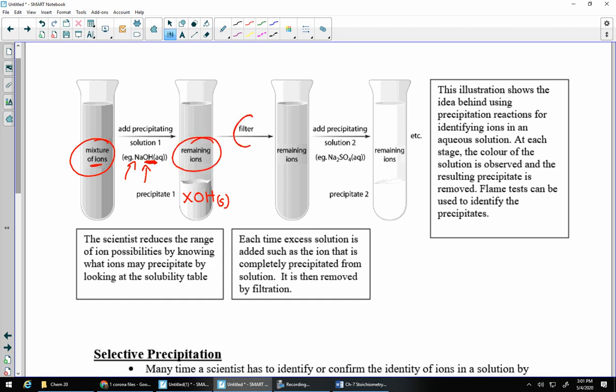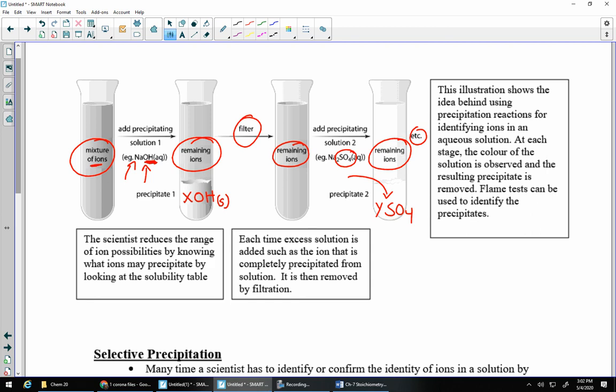So we can filter our hydroxide precipitates out. So now it's just ions in the solution, and I might want to add something else. For example, I can add sulfate ions, and sulfate ions might precipitate the next thing. So now this might be YSO4. So now I got rid of all of element Y. I have remaining ions. I could pick something else that would then precipitate out those remaining ions.